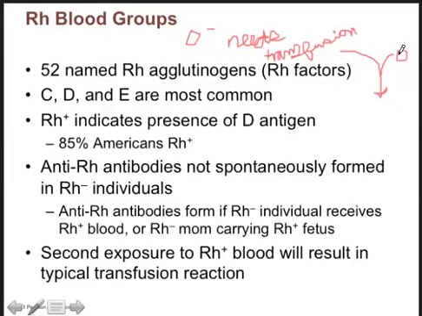All right? Well, that transfusion will work. Okay? In this case, the negative and the positive indicate the presence or the absence of the Rh antigen. So an O negative individual lacks the D antigen, while an O positive individual is going to have the D antigen.